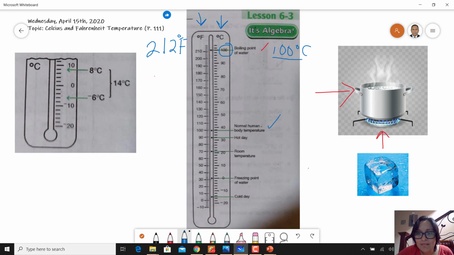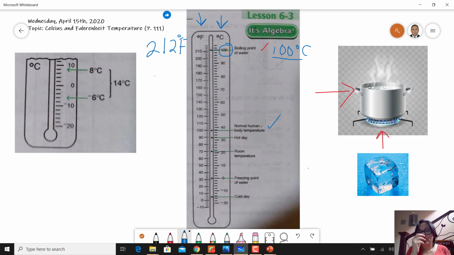Now let's go to the other one. Here we have, what does it say? Normal human body temperature. Do you know that we have a temperature? A normal temperature. So, if we are healthy, we have to keep that temperature.